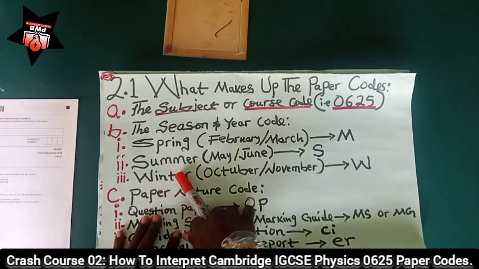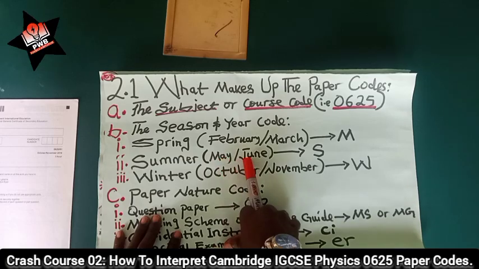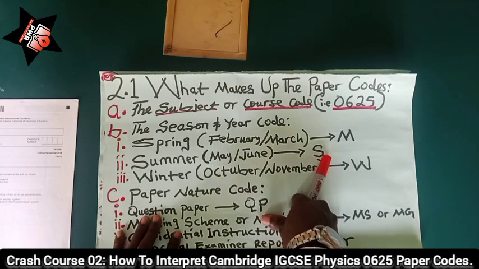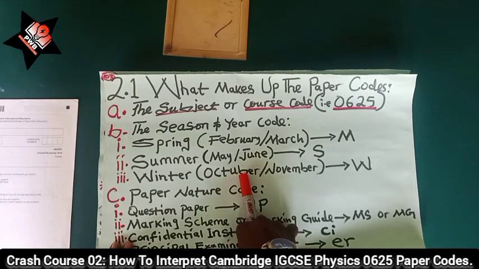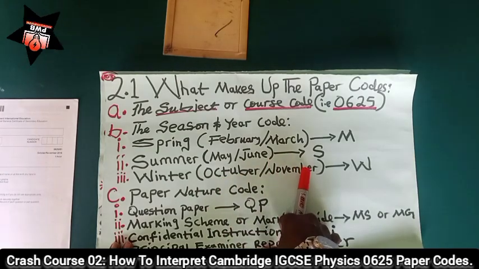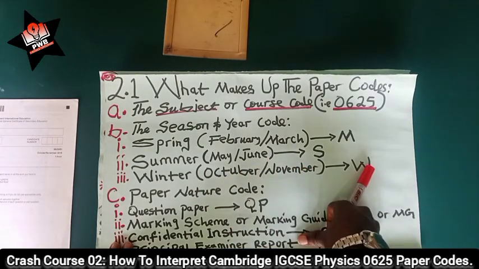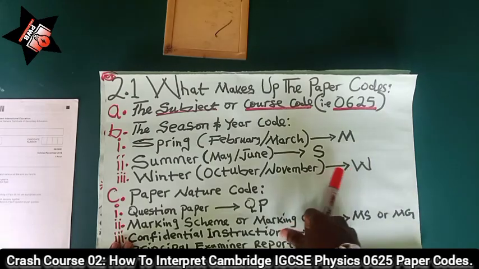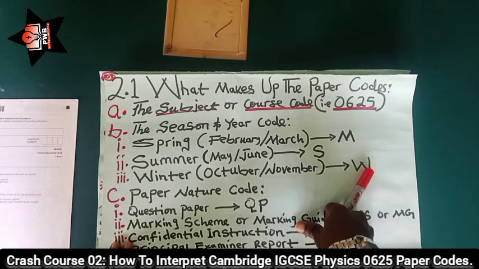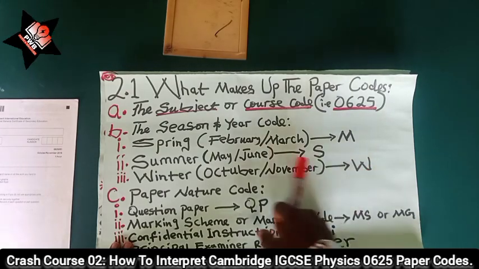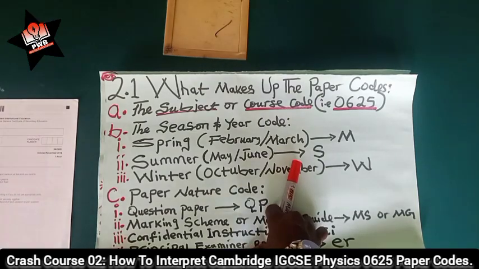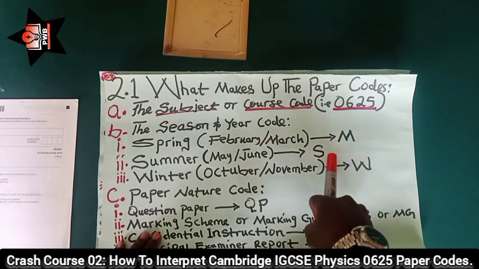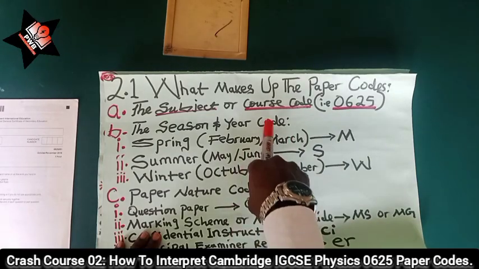The summer season, it is the May/June season, denoted with an S. Then the next season is the winter season, that is October/November, denoted with a W. So any place you see M, S, and W in the paper code, it means the seasons. Good. For the year, you will see 2 digits representing the year.